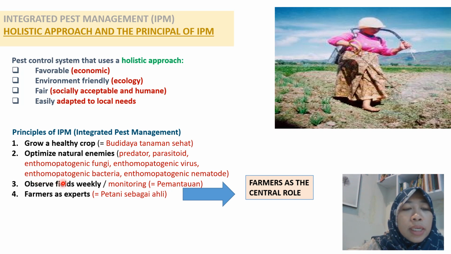And then the third one is observe fields weekly, or monitoring. Observe the field weekly. So we have to make sure what is going on in our field. So we know the stage of the plant, and we know what pest has already attacked our plant, etc. And the fourth is farmer as expert, farmer in the central role.